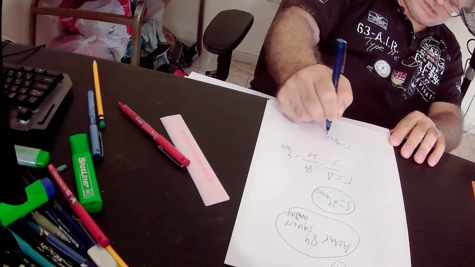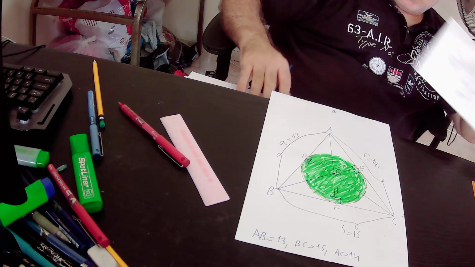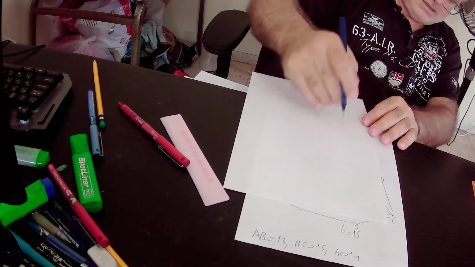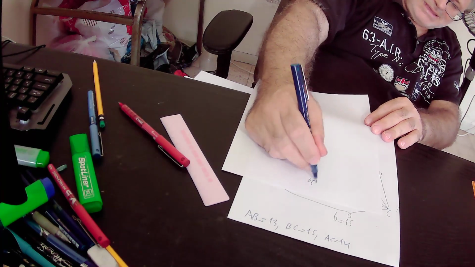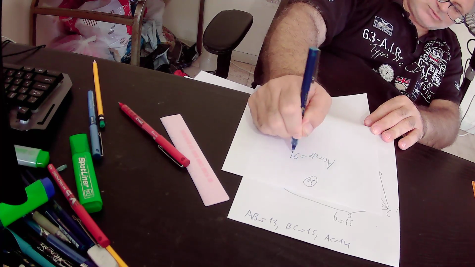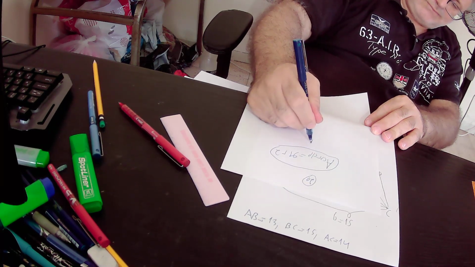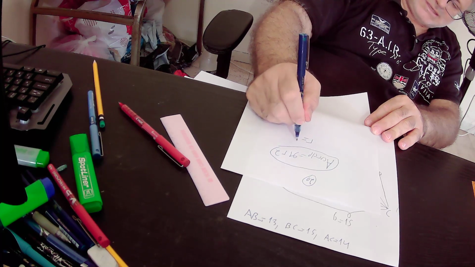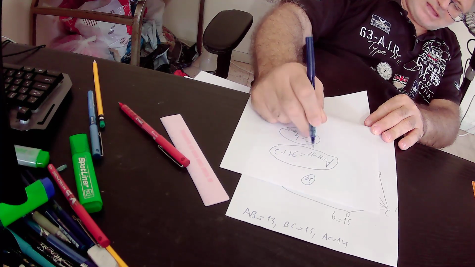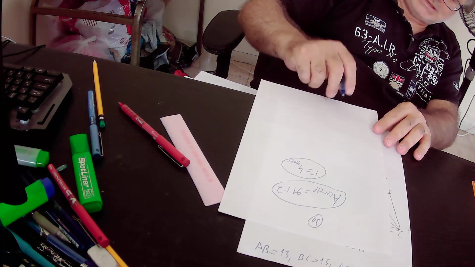And after we found out the radius of the green circle, it is very simple to find out the area of the green circle. The area of any circle equals pi times the radius of that circle squared. We have already found out that the radius of our green circle equals 4 units, so we can substitute r in this formula by 4 units.